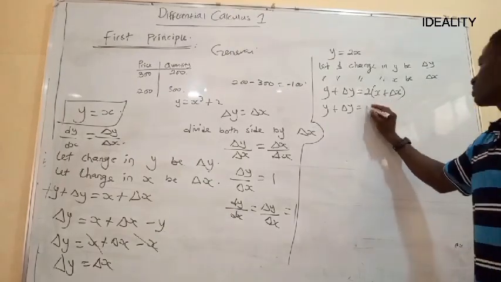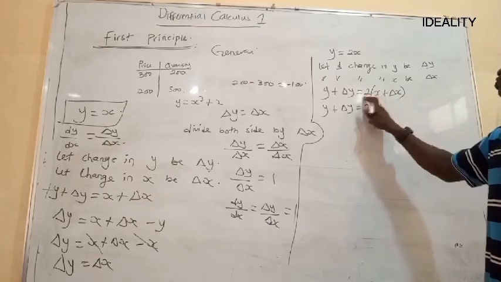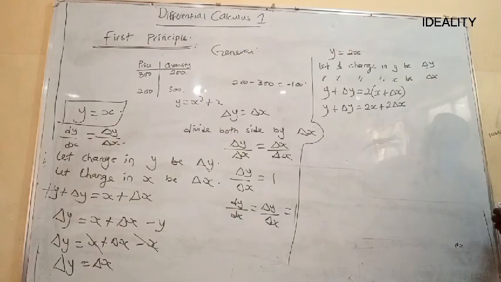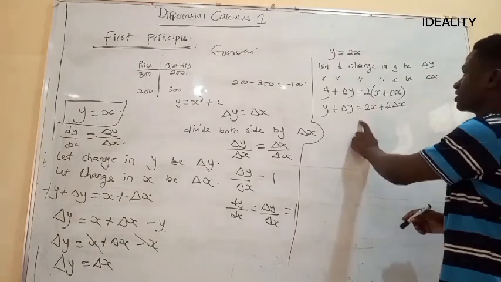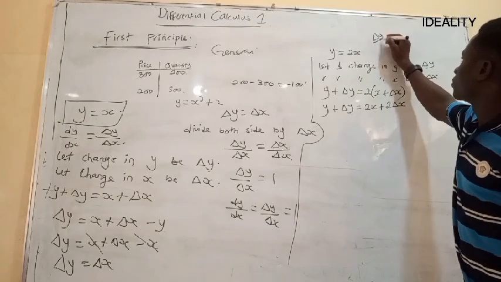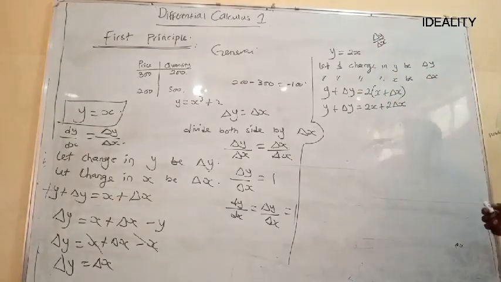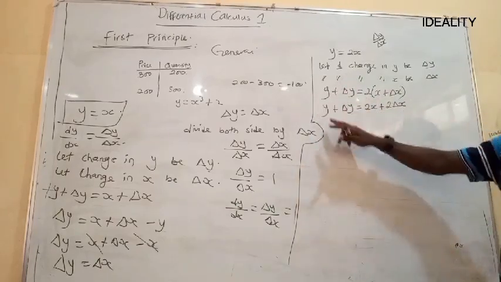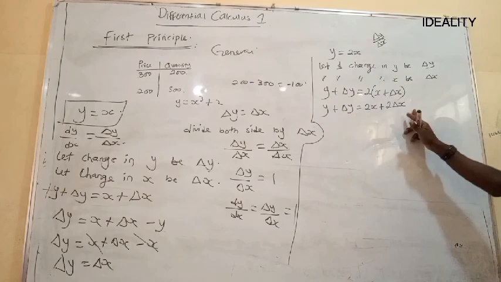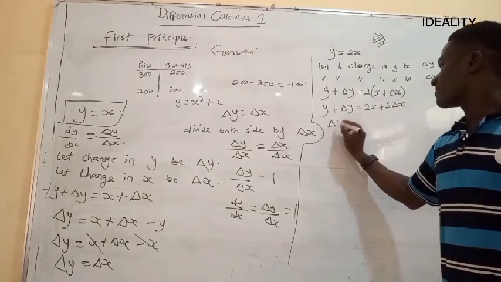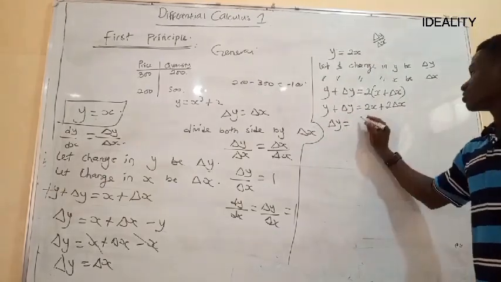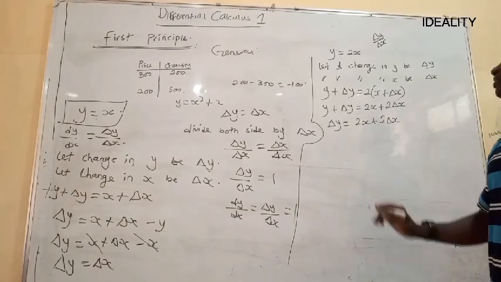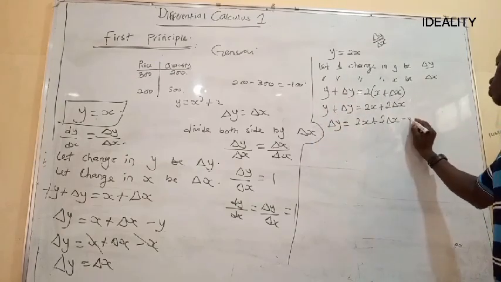So I have 2 times x, 2x, plus 2 times theta x, 2 theta x. Now don't forget the objective is to find theta y over theta x. Now there is theta y and y on the left side of this equation. I can bring this y to the other side of the equation so that we have theta y equal to 2x plus 2 theta x minus y.